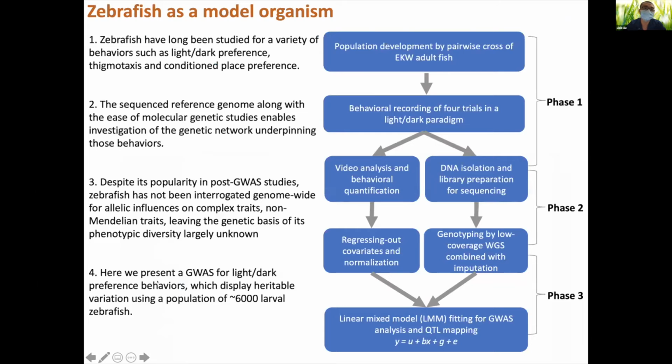So zebrafish, as a vertebrate model organism, has been widely studied for many different behaviors, like light-dark preference behaviors, social taxis, conditioned place preference, and so on and so forth. The release of its reference genome, along with the ease of molecular genetic studies, has further enabled the investigation of the genetic network underpinning those behaviors.